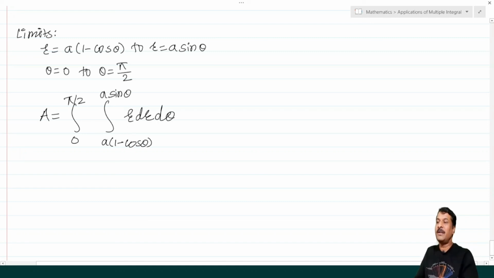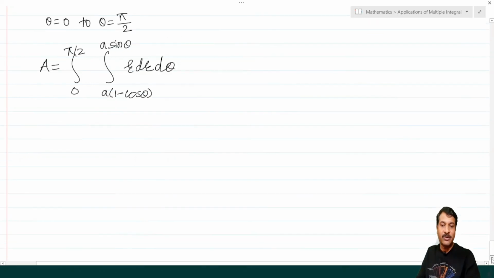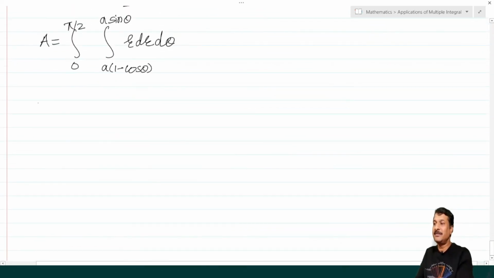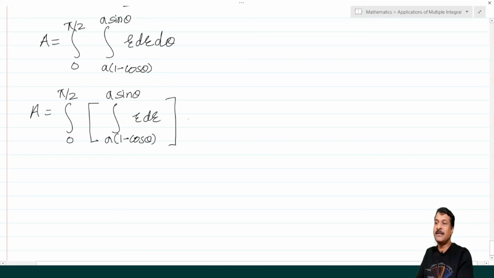So definitely first integration with respect to r. So only r inside. So I am getting area equal to integration 0 to pi by 2, inner integration a(1 minus cos theta) to a sin theta, here r dr and outside d theta. So I am getting area equal to integration 0 to pi by 2, it is r square by 2, lower limit, upper limit.